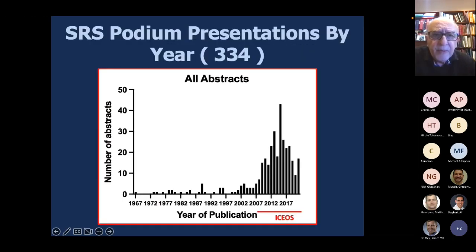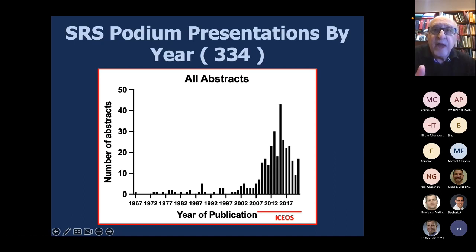And when you look at the years, for about 40-some years, really not much was presented. Only in the last 15 to 18 years was there an increase in the number of presentations and research in early onset scoliosis.